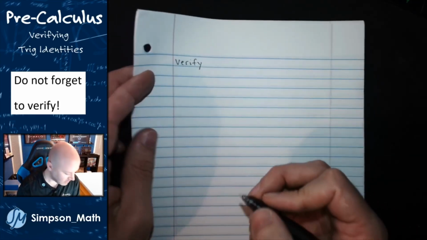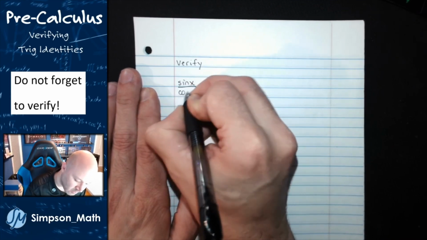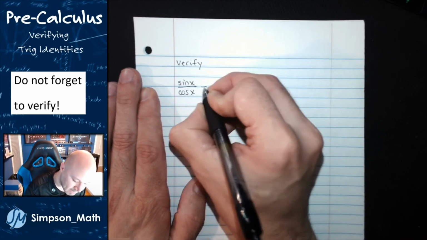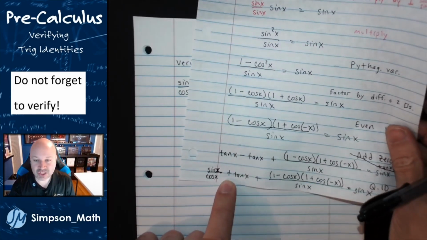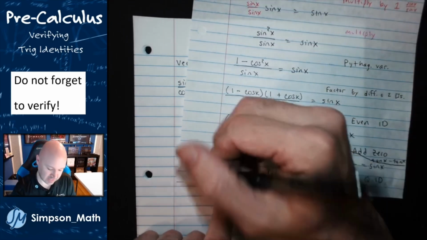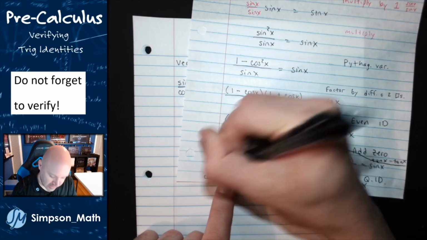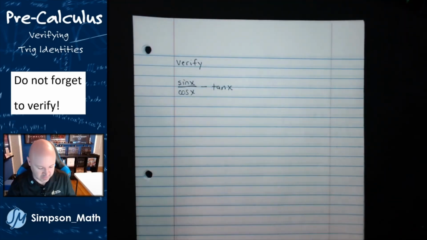Verify that sine of an angle over cosine of that angle minus tangent. I think I have a mistake here. I changed tangent to sine over cosine, and then I changed that minus sign to a plus. That's a mistake. That's a minus sign. So here I did it correctly, yes.